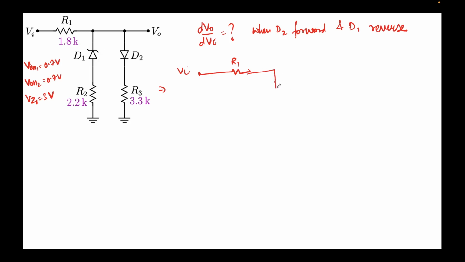This means your N side will behave like the positive terminal of the battery, and this is your R2, this is grounded. D2 is also forward, so D2 is also contributing 0.7, and this is your R3, this is grounded. Again, this is your V out, right?